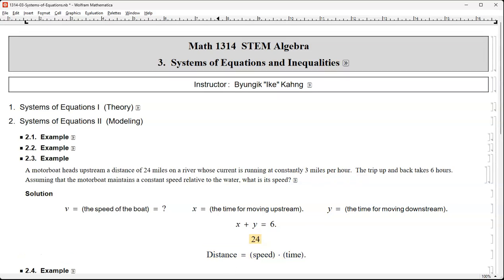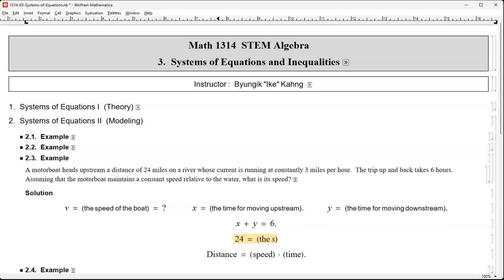Distance 24 is speed going up times x. x is the time for moving upstream.